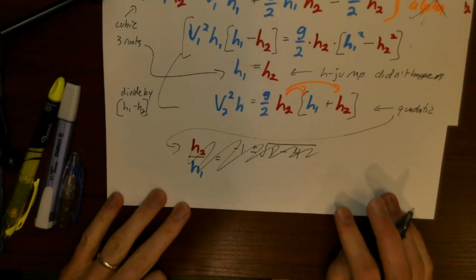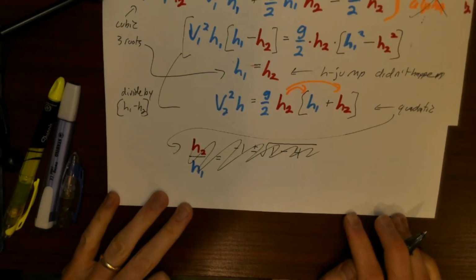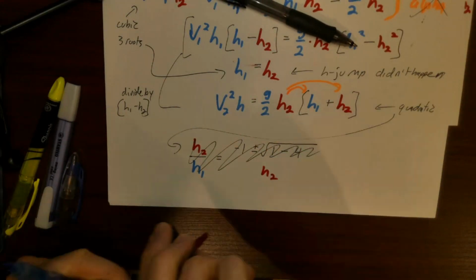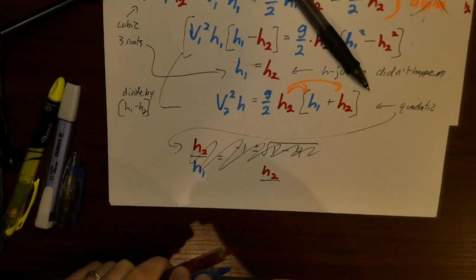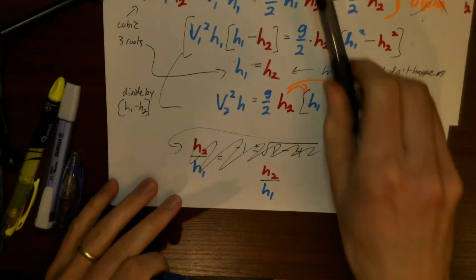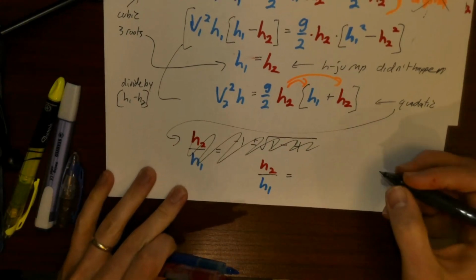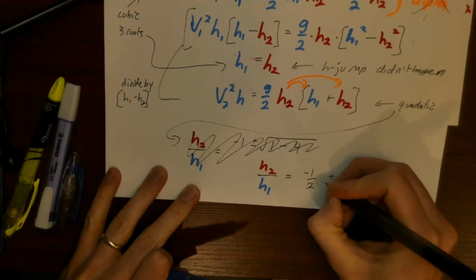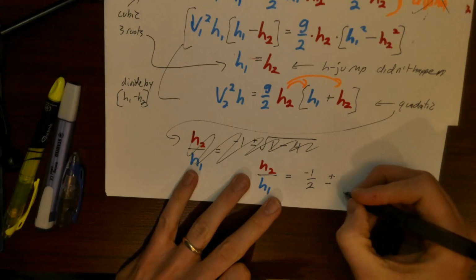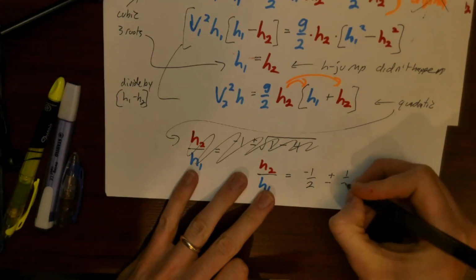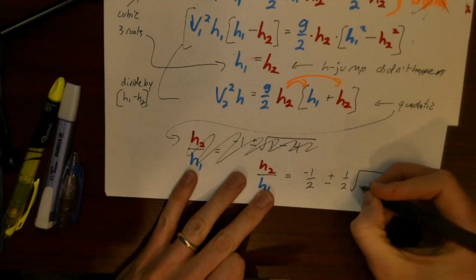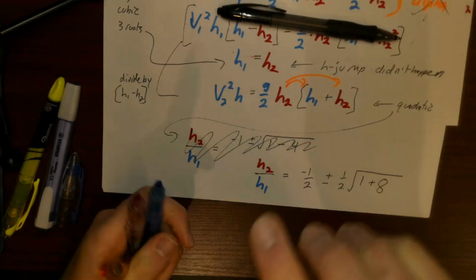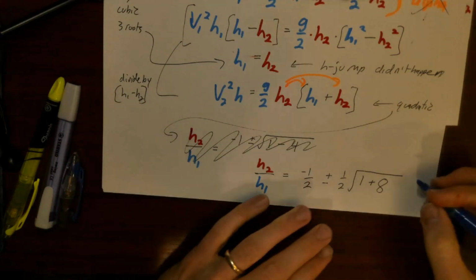I have a simpler version that I can just plop right on the screen here. H2 over H1 is equal to negative 1/2 plus or minus 1/2 the square root of 1 plus 8 v1 squared over gh1.